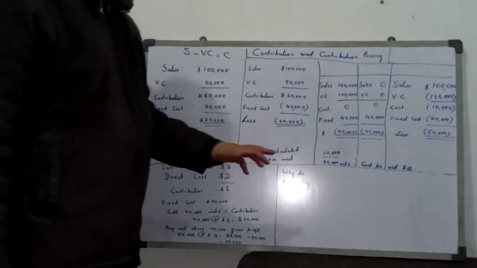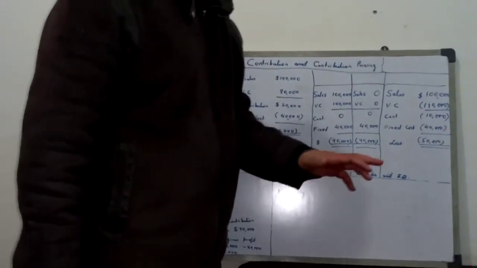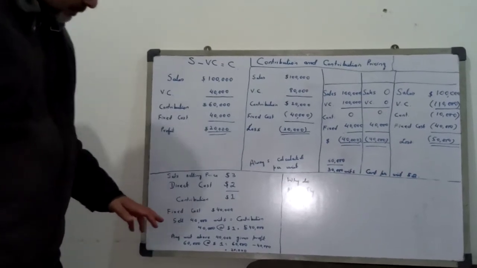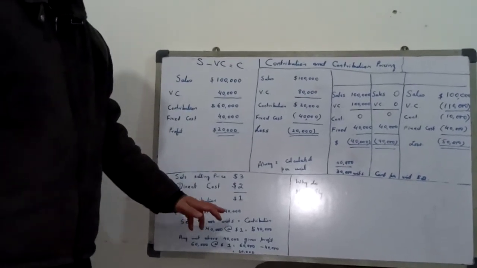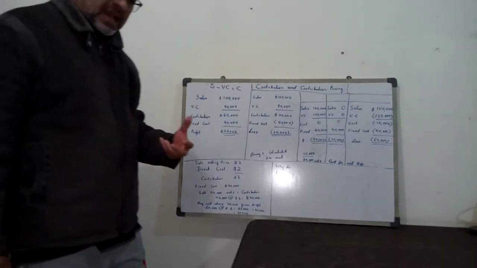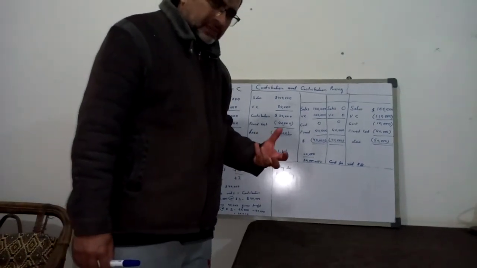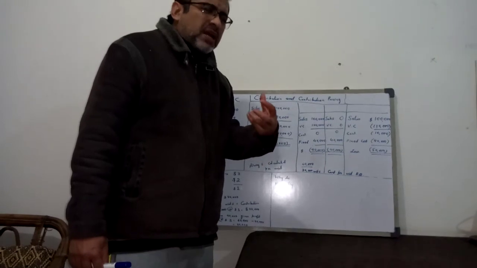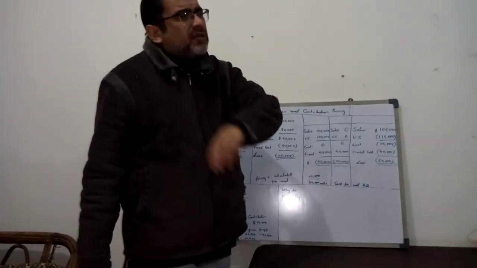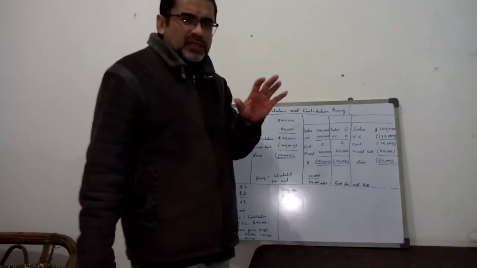Now, this is very important in decision making. Let's say my fixed cost is 40,000. So, how many units do I have to sell in order to make a contribution of 40,000 so that I can pay all of my fixed costs?